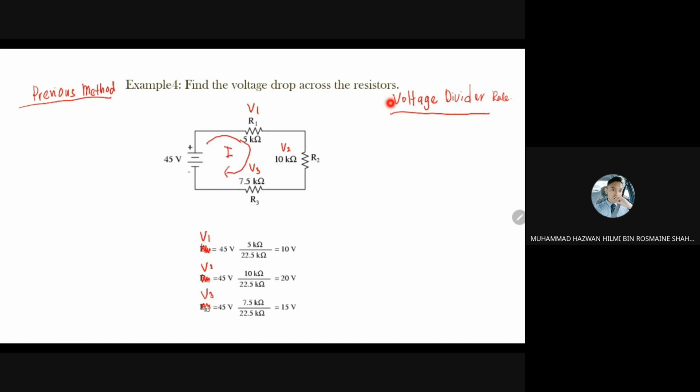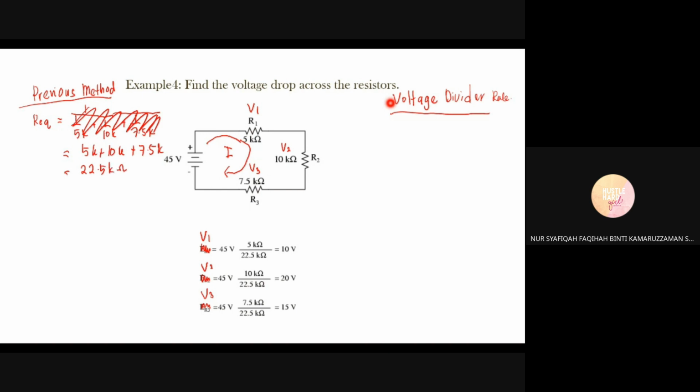In order to get I, you must get R equivalent. 5, 15, 15 plus 7.5? 22.5. 22.5 kilo ohm.